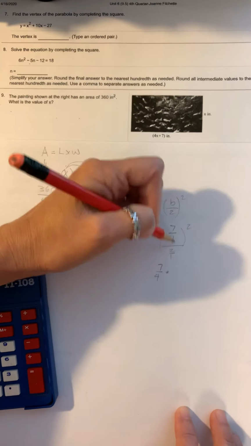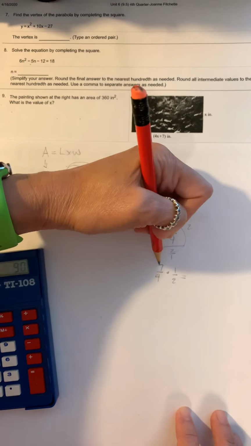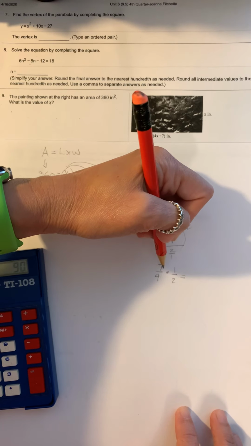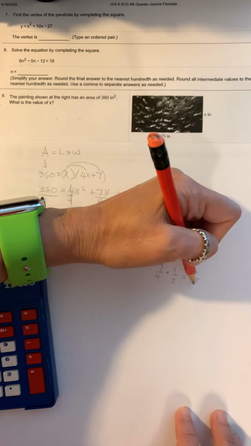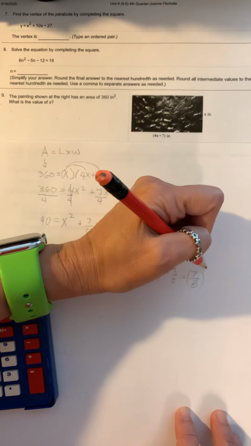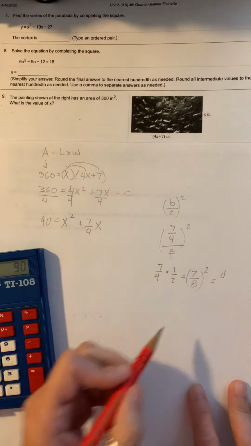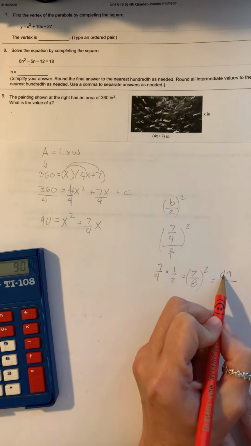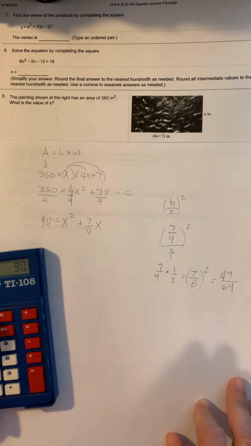Remember, that's a 2 over 1. I flip that. That becomes a 1 over 2. And then multiplication of fractions just means left to the right. So 7 times 1, that's 7. 4 times 2, that's going to be 8. And the whole thing is to the second power, right? So I'm left with 49 over 64. Okay, so that's my c.